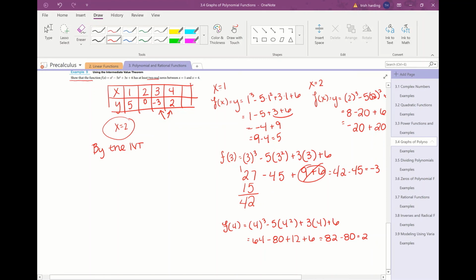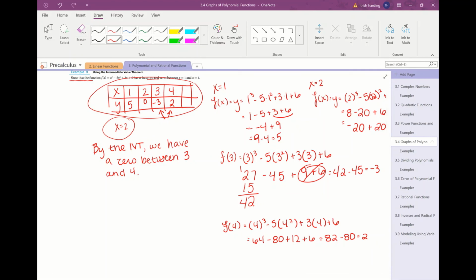That's completely common. That's probably how you'll see it abbreviated in higher level math books. So by the intermediate value theorem, we have a 0 between 3 and 4. And then you would just provide a table that shows that you know how you have a 0 between 3 and 4.